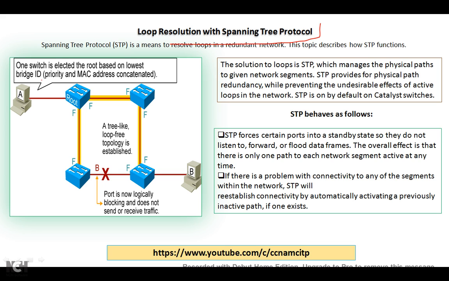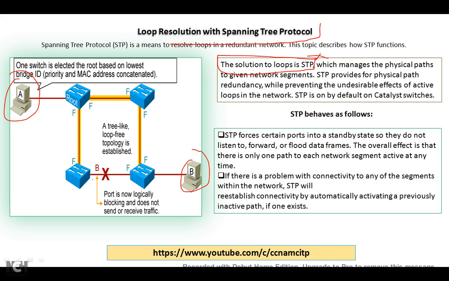As you can see, again here we have one PC here and one PC here, and again 4 switches. The solution to loops is STP. Whatever problems we have understood in previous slides, to resolve all those problems we have the STP concept here, which manages the physical path to a given network segment. STP provides for physical path redundancy.